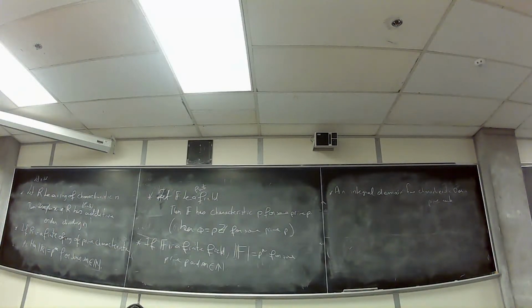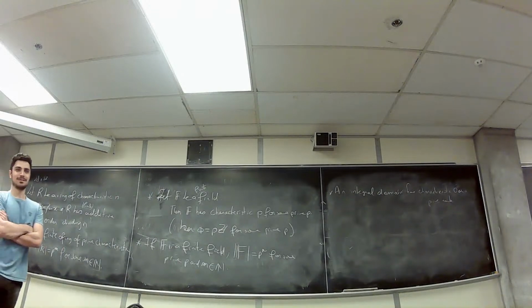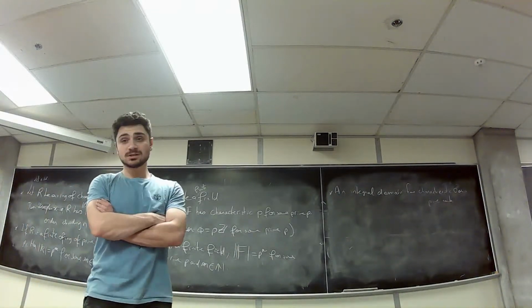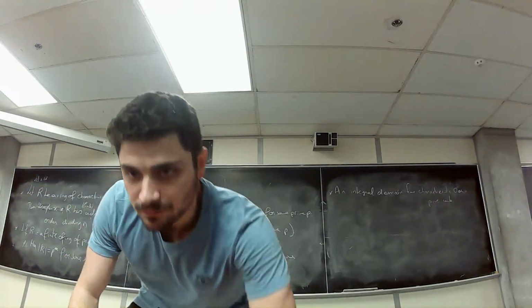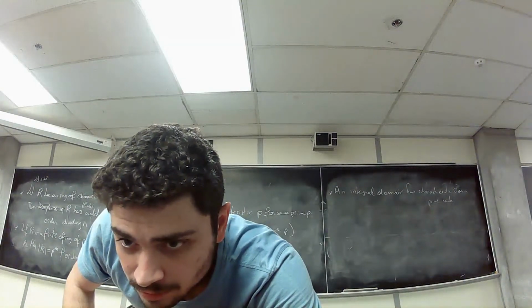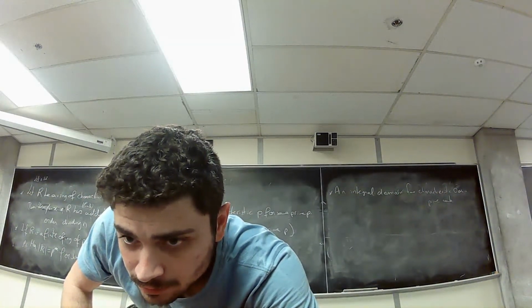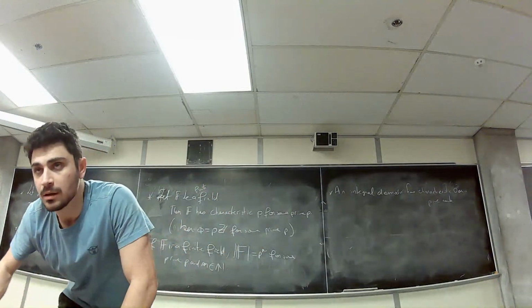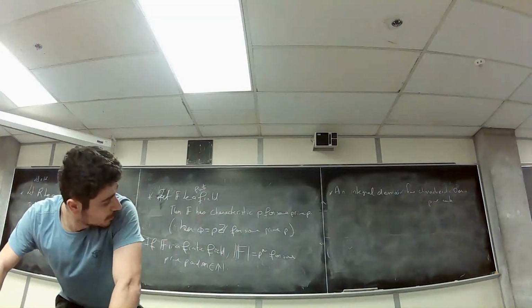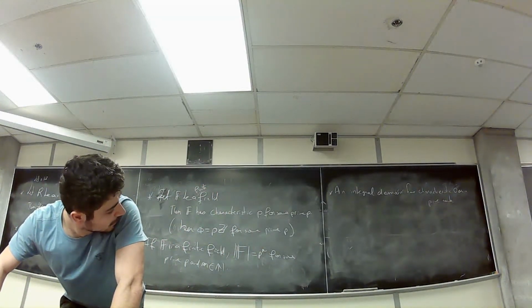Great. I think this is it for characteristic. I don't think we have any more things on characteristic. So it's one hour, I think, of ring material, plus the theorems we will cover, plus integral domain.